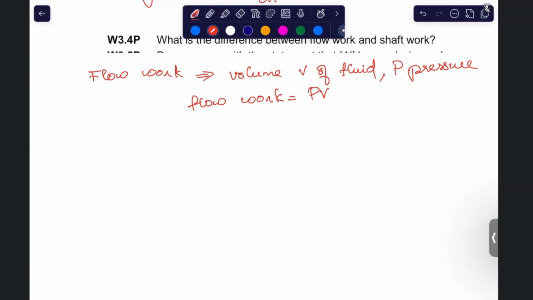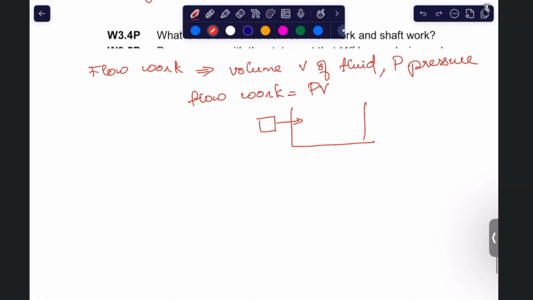In a steady flow device, when fluid crosses the boundary, the system either does work on the fluid, or work is done by the fluid, simply by virtue of pushing fluid across the boundary. So either the system is doing work on the fluid element, or the fluid element is doing work on the system. So this PV can be either positive or negative. Then shaft work means what?